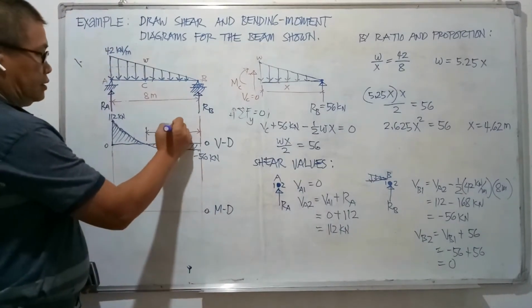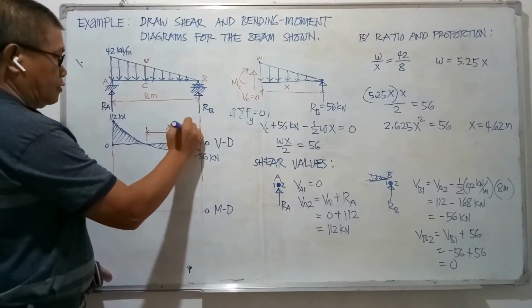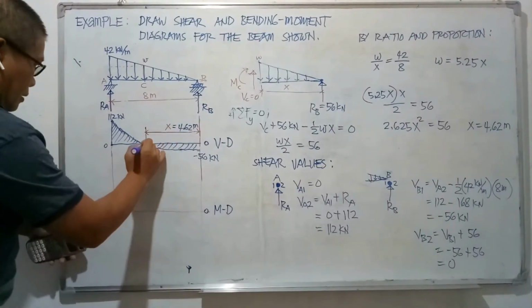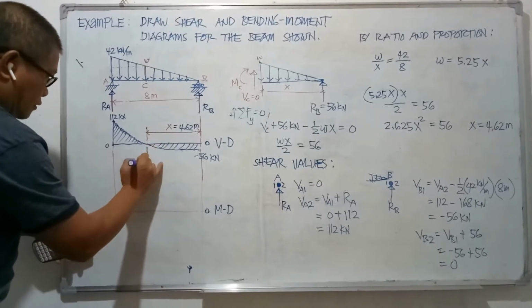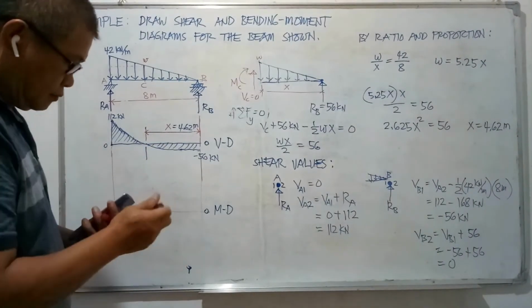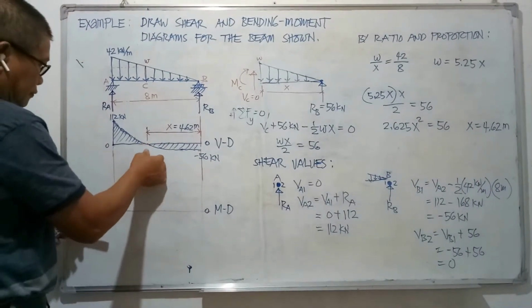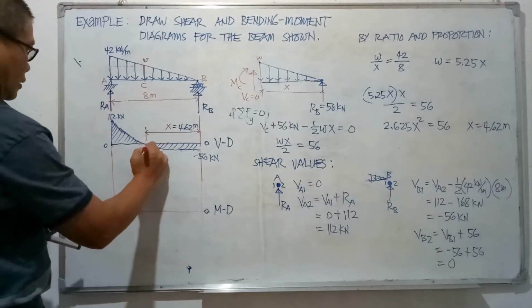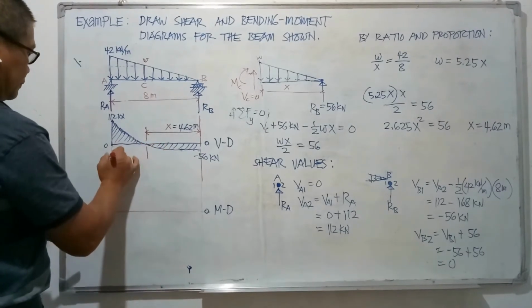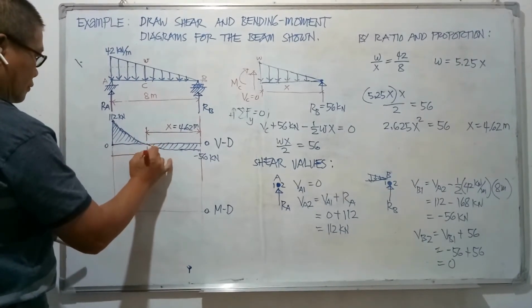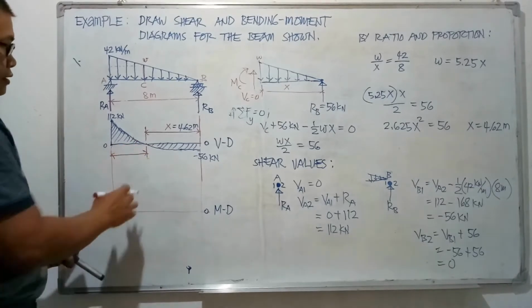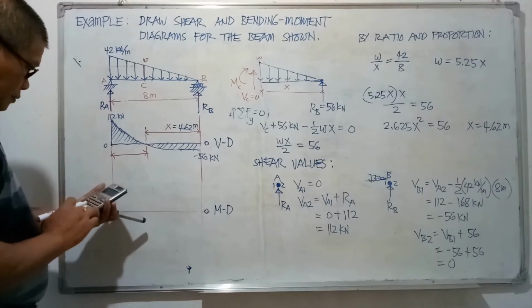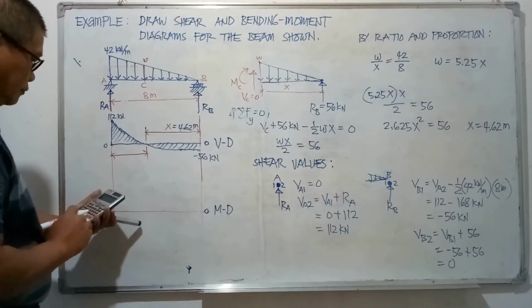So this X is 4.62. Therefore, from the left, this is 8 minus 4.62, 3.38.